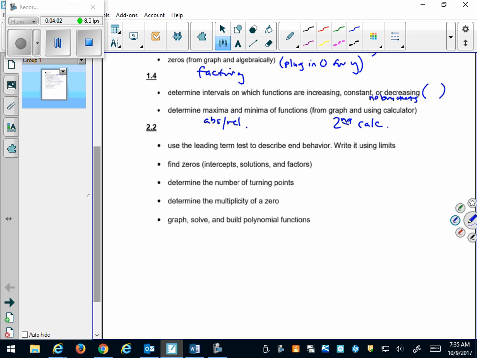2.2 was the last one that we did. End behavior. Remember, we're going to write it using limit as x approaches negative infinity, etc., like that.